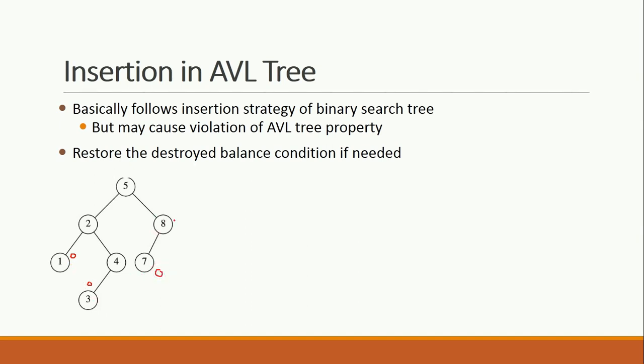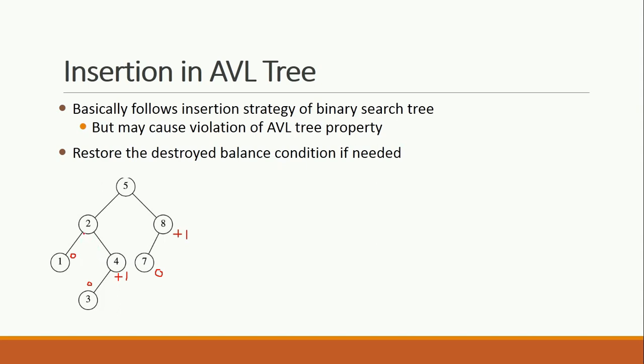Okay. I will try to figure it out here. For this particular node 8, what is the height of the left subtree? 1. What is the height of the right subtree? 0. So 1 minus 0 is plus 1. For this node, the height of the left subtree is 1 and the height of the right subtree is 0, so 1 minus 0 is plus 1.